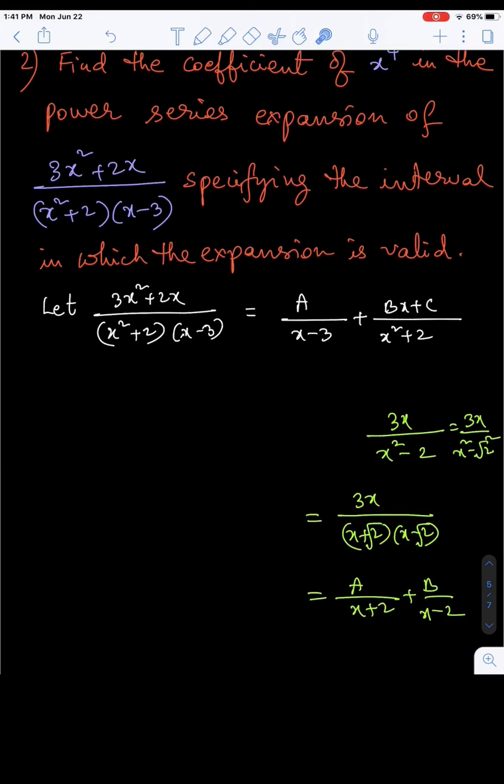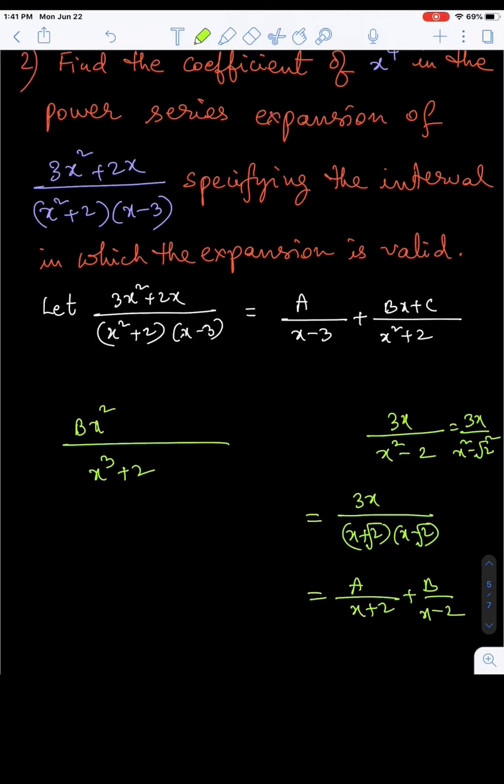So this is reducible. Reducible means the power is reduced from 2 to 1. We can reduce here, but in the other we can't factorize. When we can't factorize it, it is called irreducible. At that moment, we have to take it like this: if the power is 2 there, put power 1 and a constant. Let me take one more example, something by x cube plus 2. How to take it now?